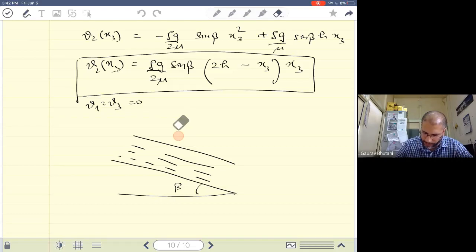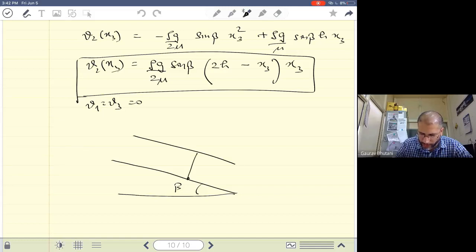So the velocity is such that it is 0 at the bottom and it's parabolic with the maximum value at the top. In fact, v2 comma 3 is 0, so that means the slope of v2 with respect to x3 is 0, so it becomes 0 slope at the top. So this is how your v2 looks as a function of x3.